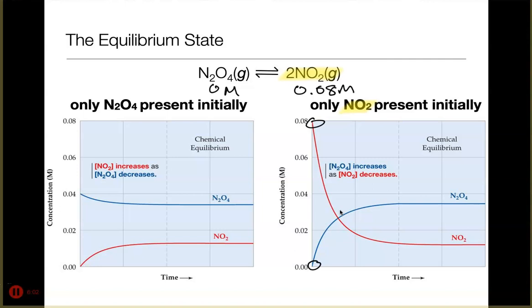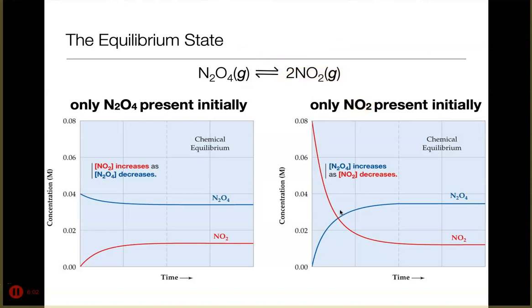The difference is we've just written it in a way that we're not used to. Yes, by definition, it's correct to say the things on the right-hand side of the balanced chemical reaction, the 2NO2, are technically our products. But if we have products and no reactants, and the reaction is possible, the reverse reaction happens. That's what we're looking at in the second figure.